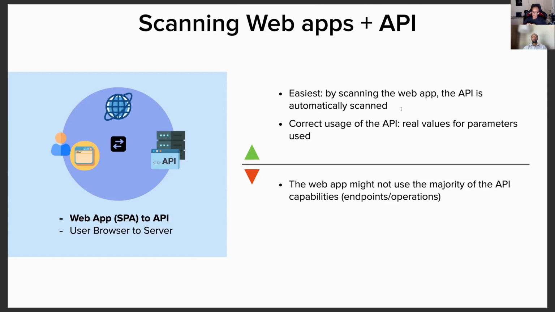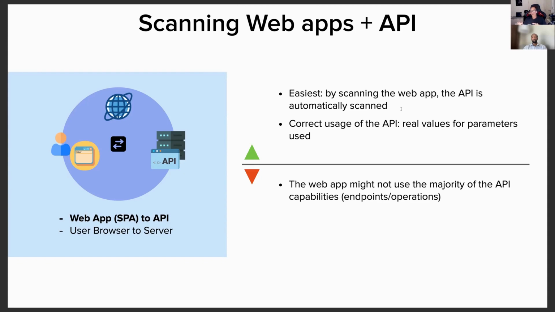Let's give an example. Imagine that the web app has a page for you to see your user profile that makes a call to the API like /user details, and then you pass the user ID as the parameter. User ID 1001, for instance.